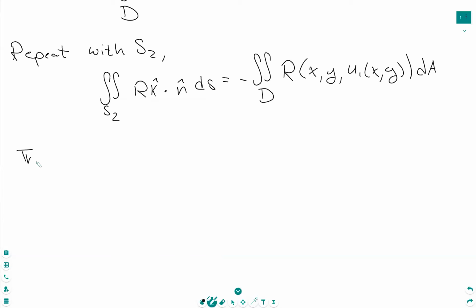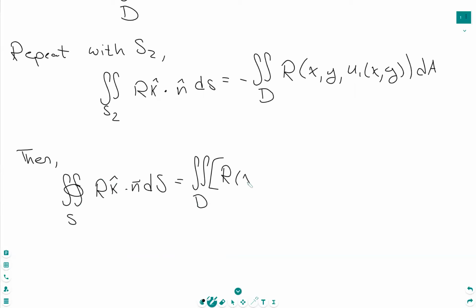Then the total surface area integral over this closed surface S, r k dotted with n hat, ds is the area integral over d of r x, y, u2 minus r of x, y, u1 dA.